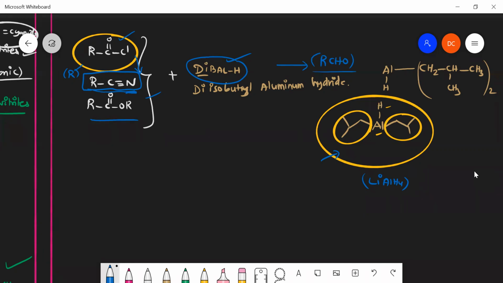So instead of Rosenmund reduction or Stephen reduction, we can use DIBAL-H to convert alkyl cyanide, alkyl nitrile, acid chloride or ester into aldehydes. This is a wonderful reagent.